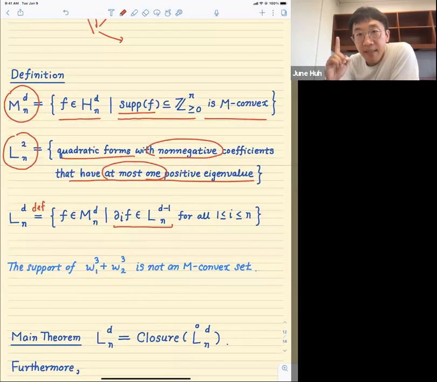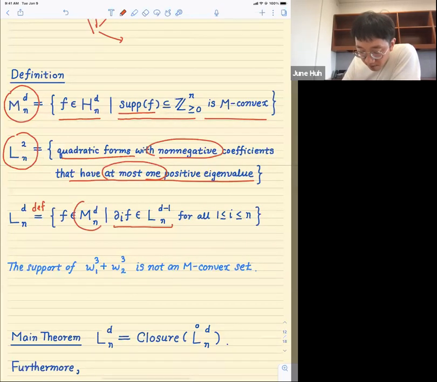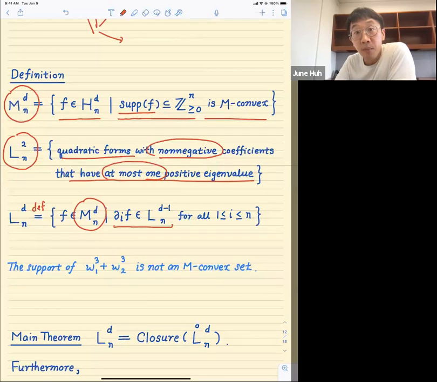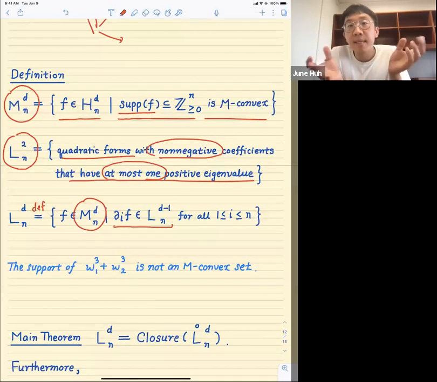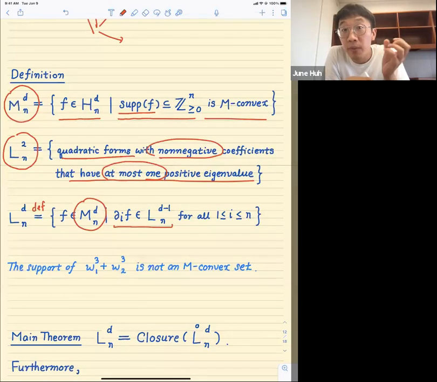And the key thing here is, in addition, I require my f to have a support that is convex in the sense of discrete convex analysis. So basically, I want the class of polynomials with the right signature properties, and in addition, Newton polytope being the generalized permutohedron, and I don't want to miss any monomials in the interior of this generalized permutohedron.